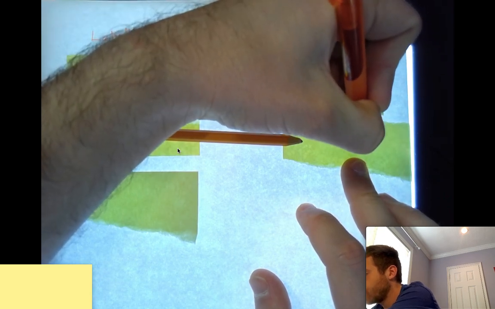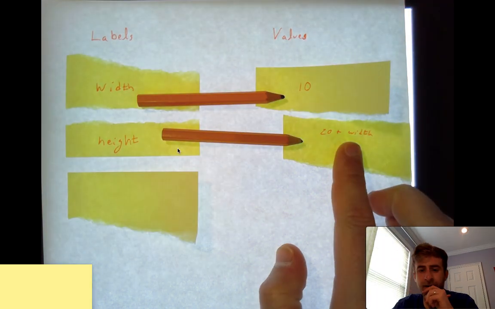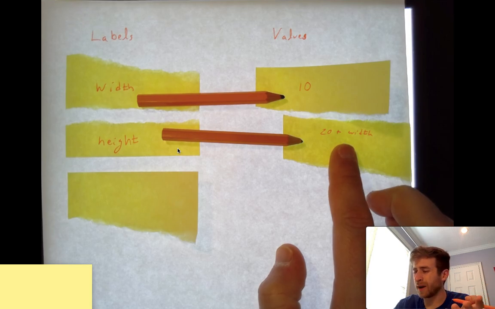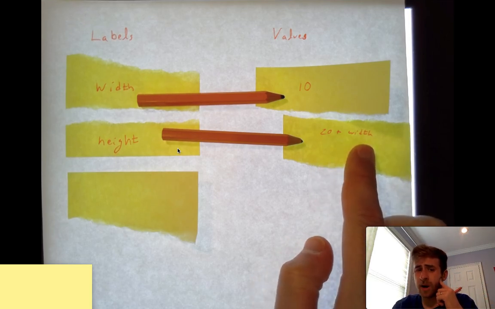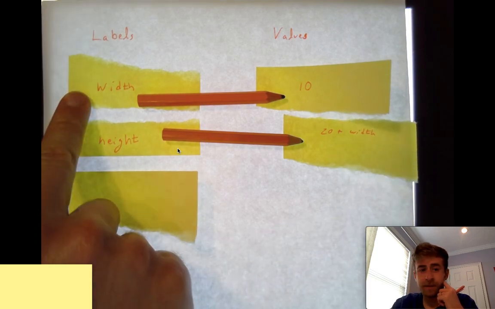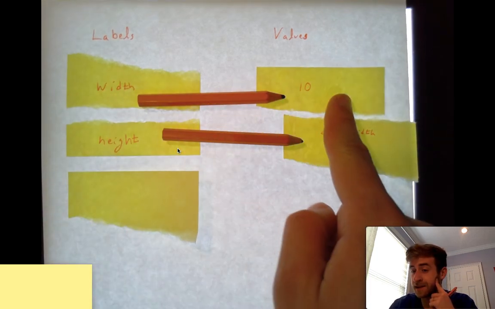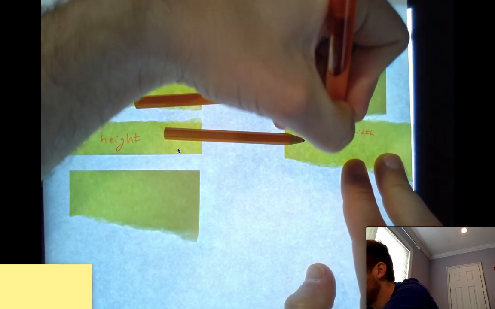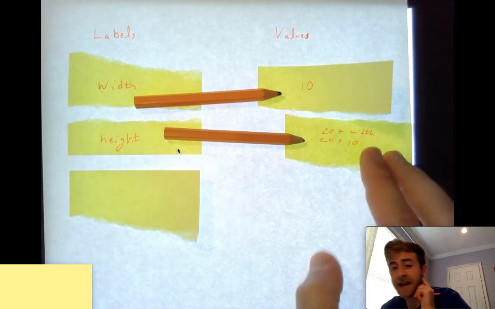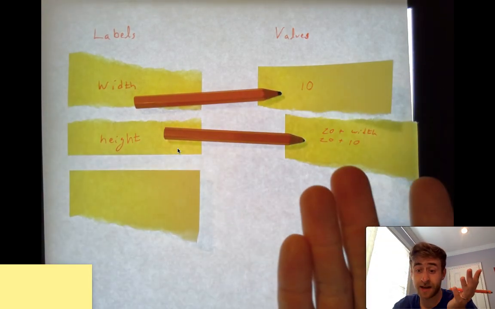plus the width, but that is not a final value that my height can hold, right? 20 is a number that I can hold, but width, I need to go, okay, well, where in my program, here's my width variable, it's holding on to 10, so instead of 20 plus width, it's really going to be 20 plus 10, because the width variable is holding on to 10.